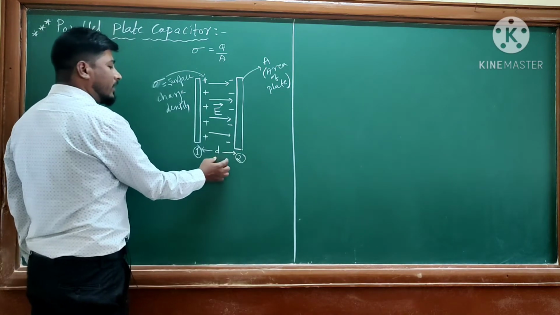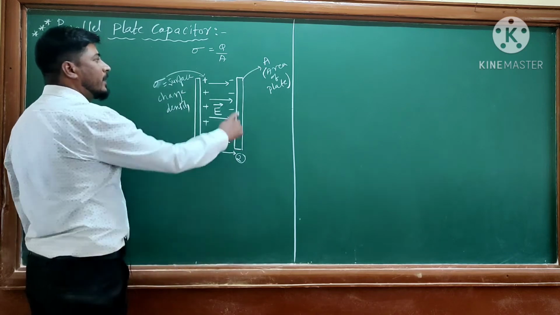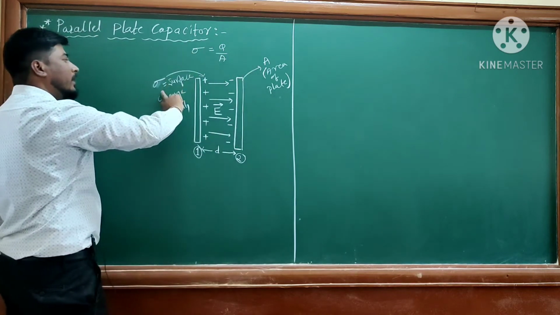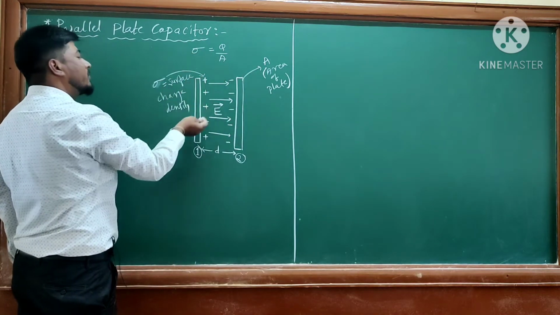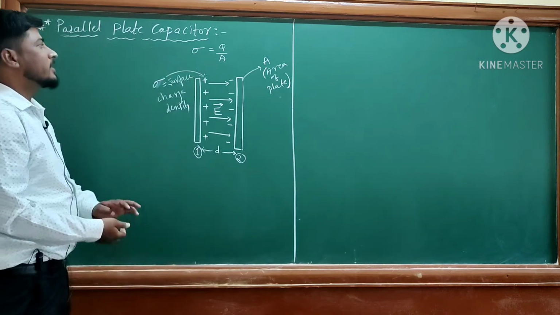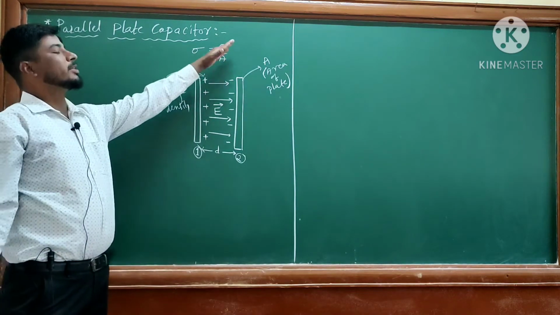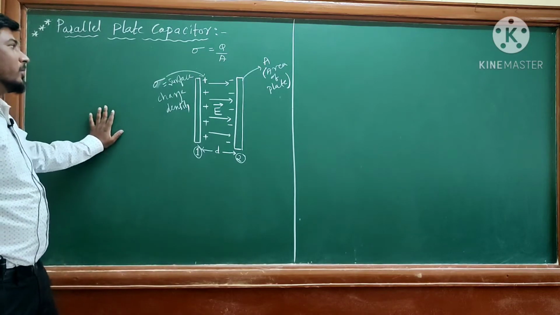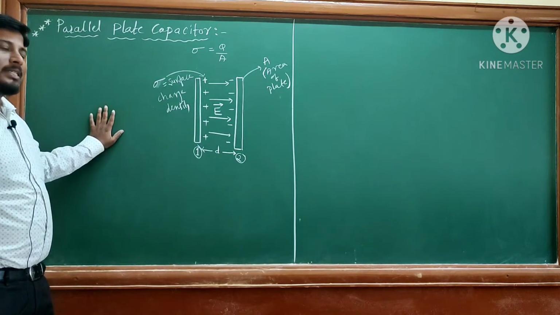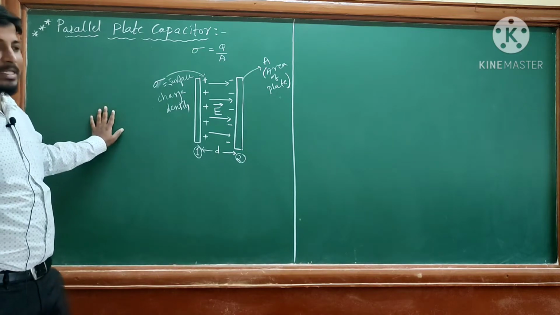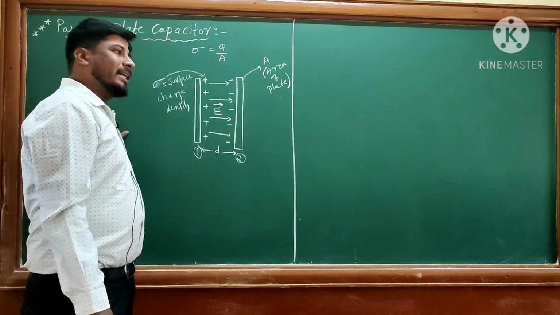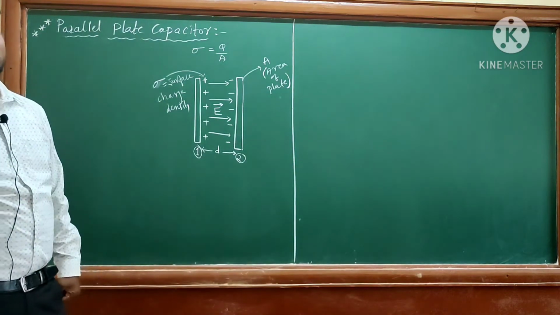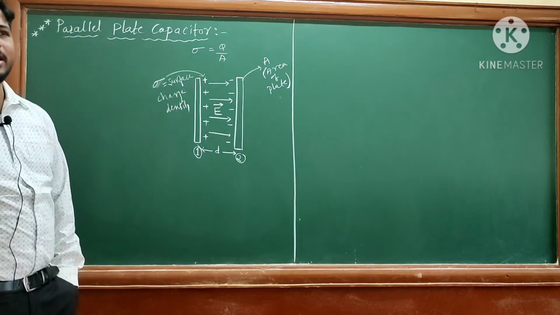This is plate 2. d is the separation between the plates, A is the area of the plates, and the positive and negative surface charge density is given by sigma equals Q divided by A.